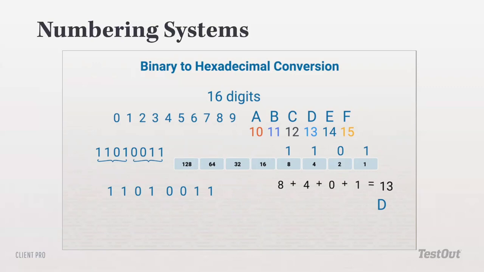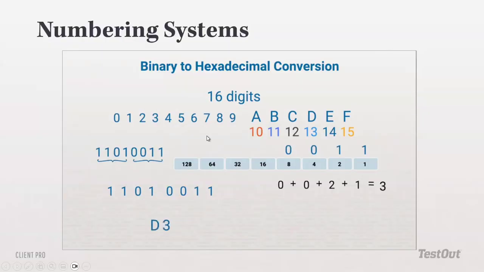In this case, you've got 11010011. This is the 1101 portion right here. So 1101 is 8 plus 4, we're not counting the 2, plus 1, which is 13. And the 13th number is D.